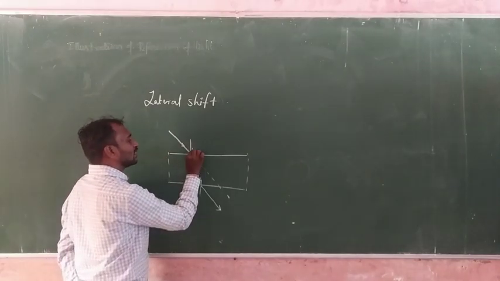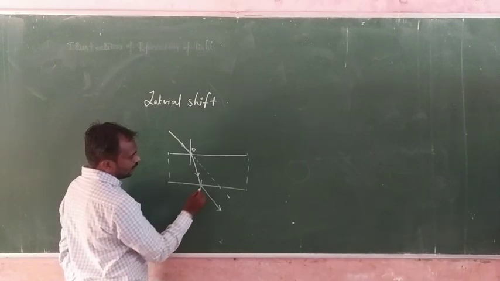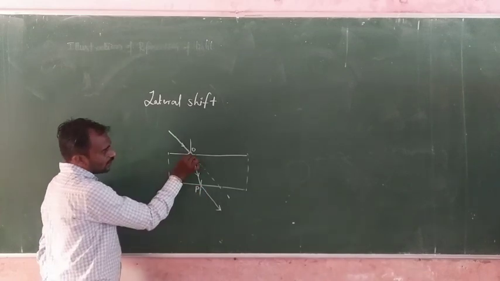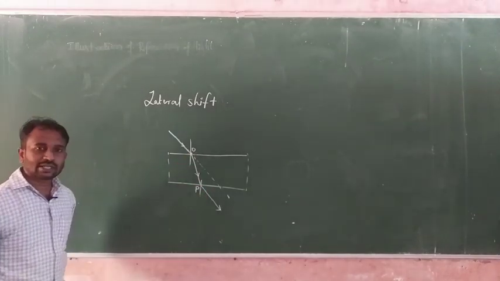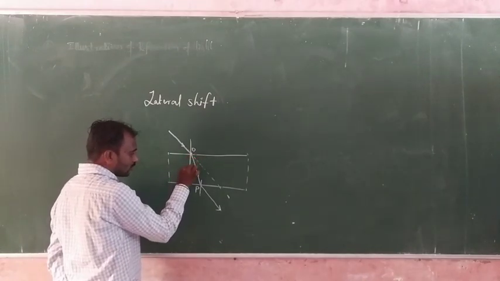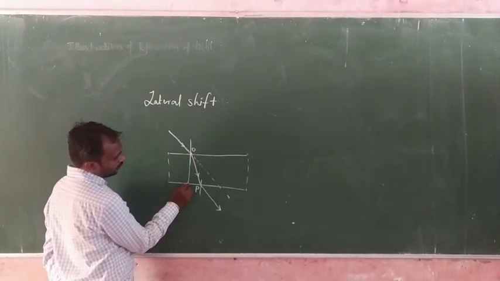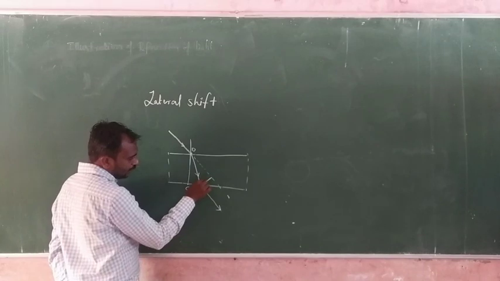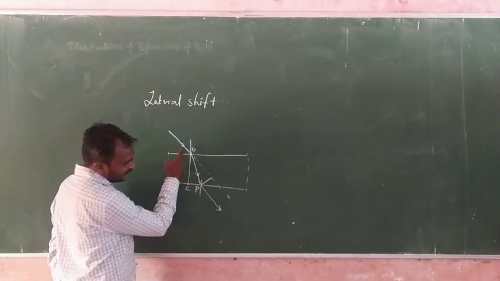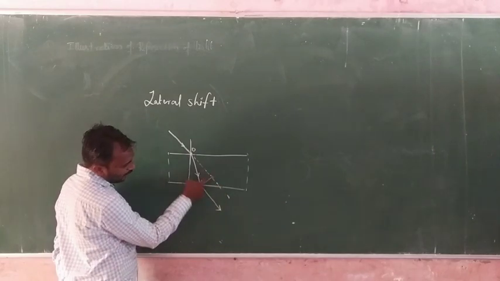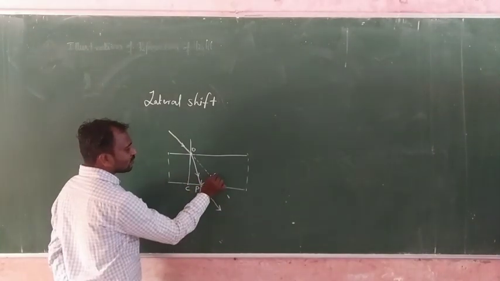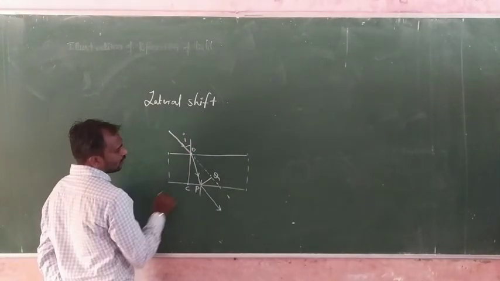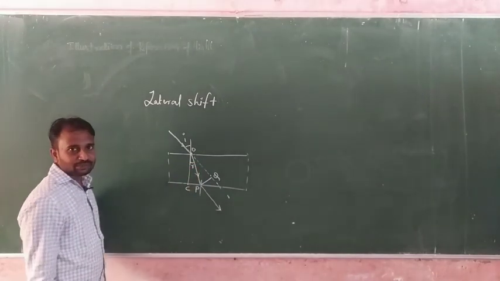Okay, so this point we consider O, and this position we consider P. And here this point we consider C, and if you draw a perpendicular line to the extended incident ray, this point we consider Q. This one is the angle of incidence and this one is the angle of refraction.